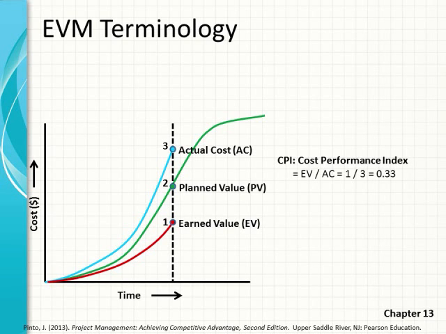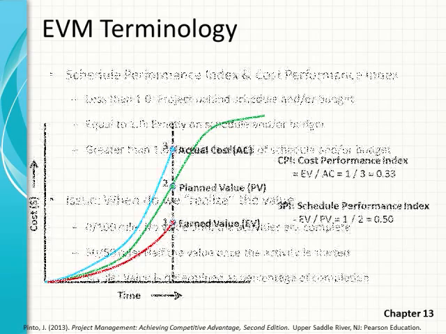So now we can determine our cost performance index, given the formula EV divided by AC, and with the values we assigned, that's 1 divided by 3, or 0.33. And we can calculate our schedule performance index as the earned value divided by the planned value, and that's simply 1 divided by 2, or 0.5.